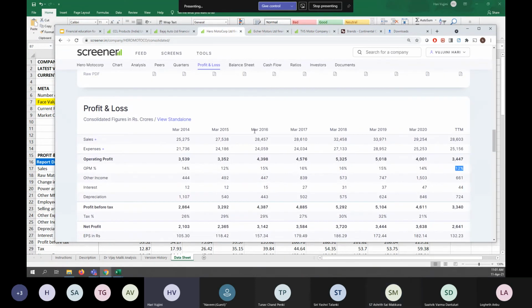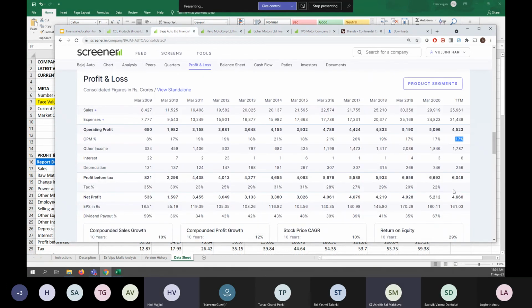Hero Motors is paying only 44 crores, and Bajaj Auto only 6 crores.